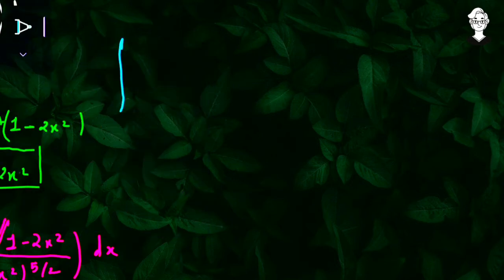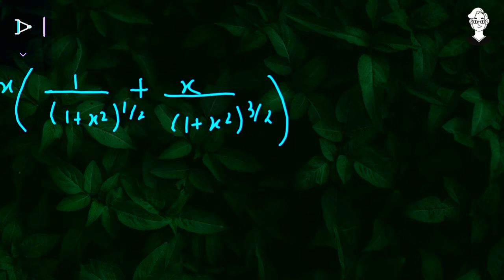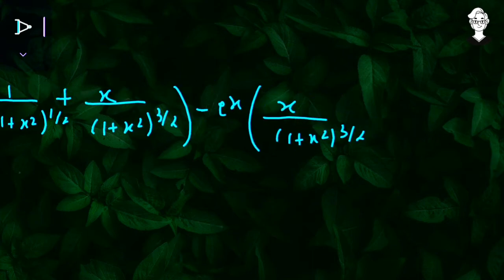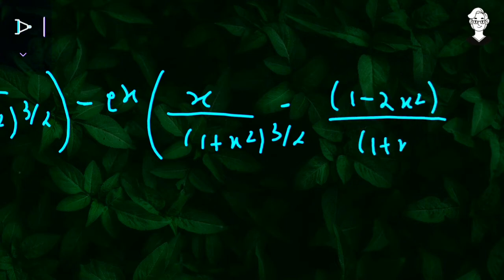I will write integration of e to the power x, 1 upon (1 plus x²) to the power 1 by 2 plus x upon (1 plus x²) to the power 3 by 2, and then I will write minus e to the power x, x upon (1 plus x²) to the power 3 by 2, and over here it would be negative (1 plus 2 times) 1 minus 2x² upon (1 plus x²) to the power 5 by 2, dx.